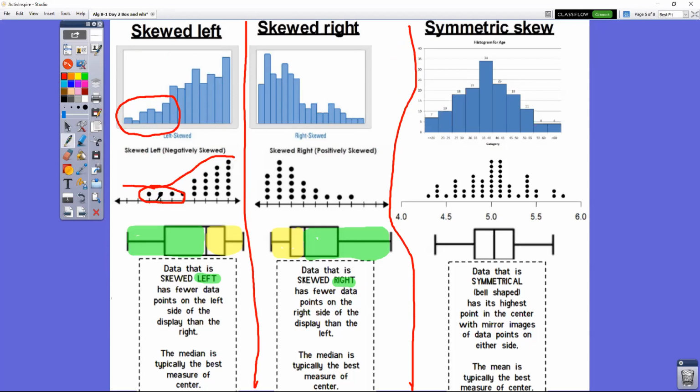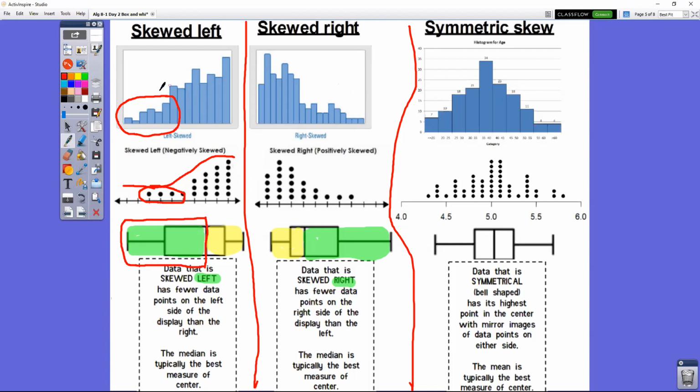One or two data points is making it being stretched to the left. Same thing here. Remember, half of our data is here. Are the green and the yellow even? No, you have more over to the left. So our data is being skewed to the left. All three of these pictures represent skewed left.